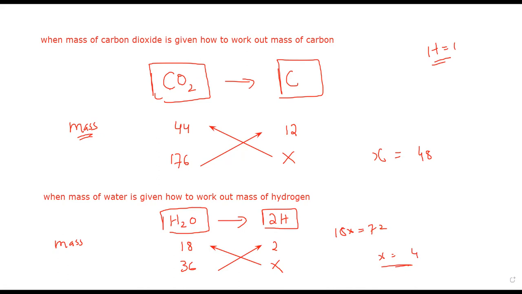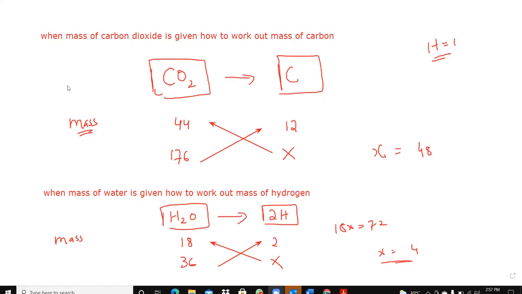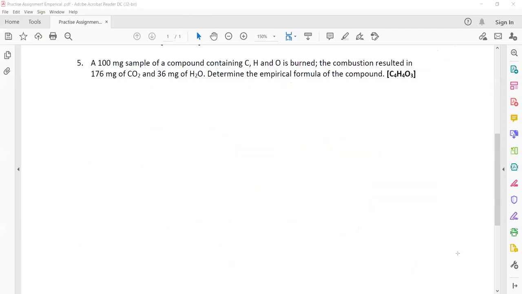So whenever carbon dioxide or water mass is given, this is always the way to work out the mass of hydrogen and carbon in the compound. But in the question they mentioned that this compound contains oxygen as well. They mention the total mass of the compound is 100.